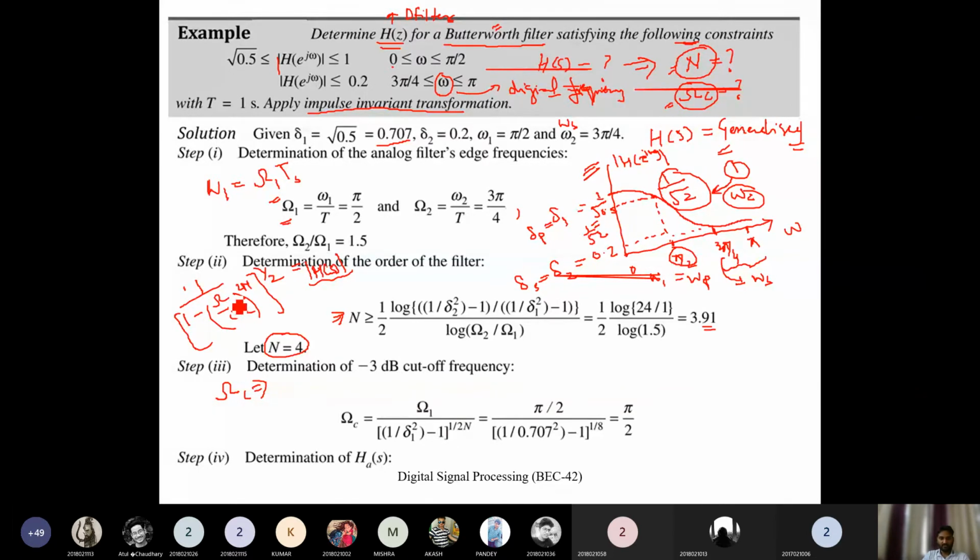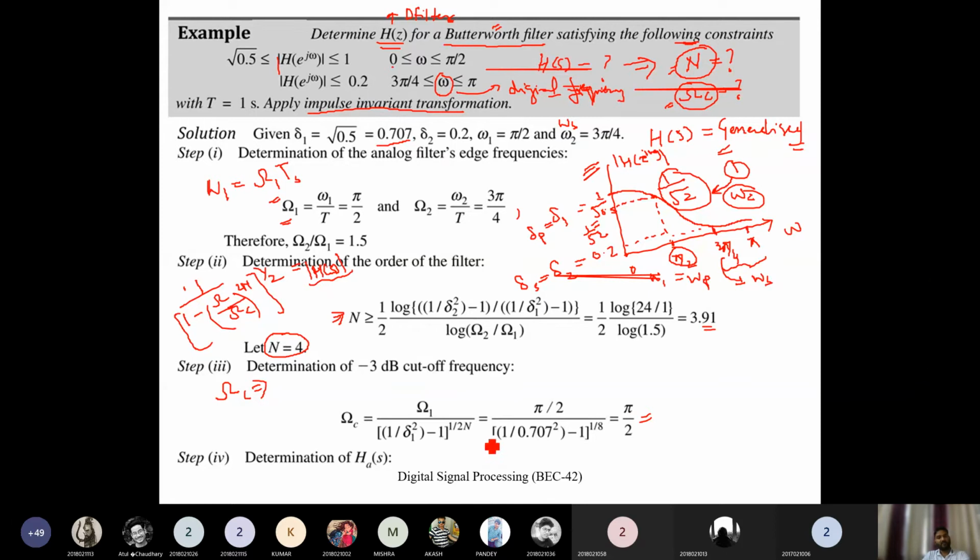Once we put omega 1 equal to this frequency, and put in all the values like 1 by delta 1 square, because at this value the magnitude should be 1 upon root 2. After that, we will find the cutoff frequency, which will again be pi by 2.